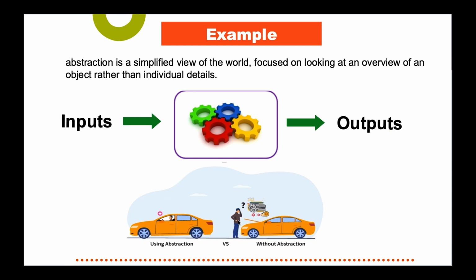Immediately you open the car to check or to question yourself what goes into making these engines or parts, it means abstraction is no more working there. You need not know this.